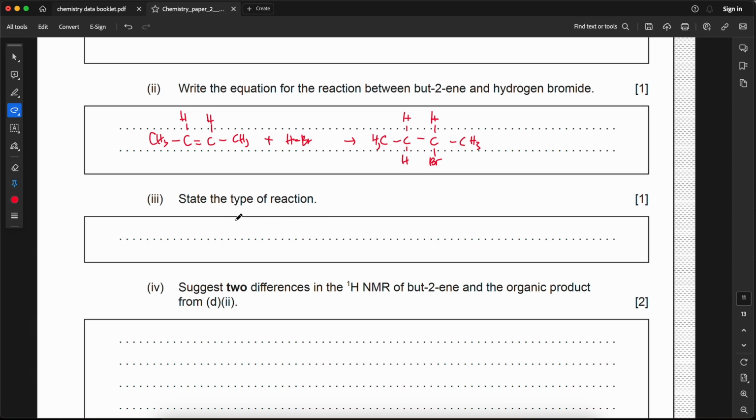State the type of reaction: it is electrophilic, and you add them, so it's an addition. Electrophiles are molecules or atoms that seek to accept an electron pair to form a new bond. So new bonds are formed here in the reaction, electrophilic addition.